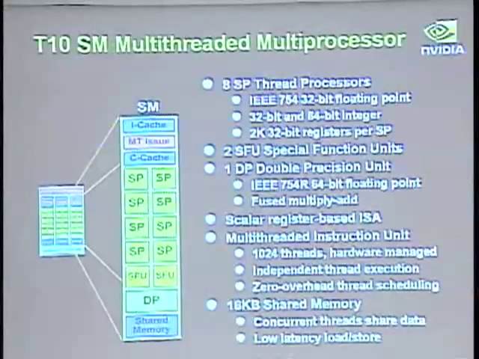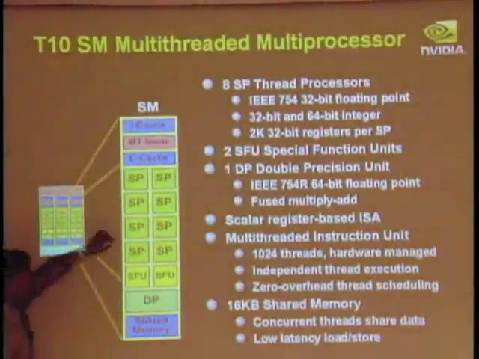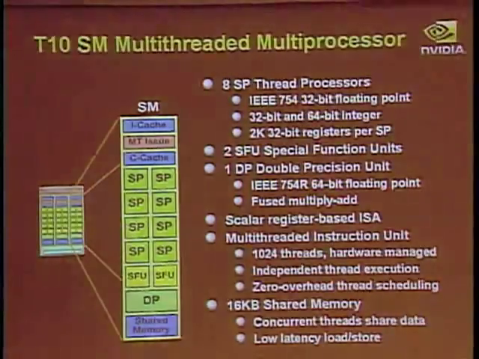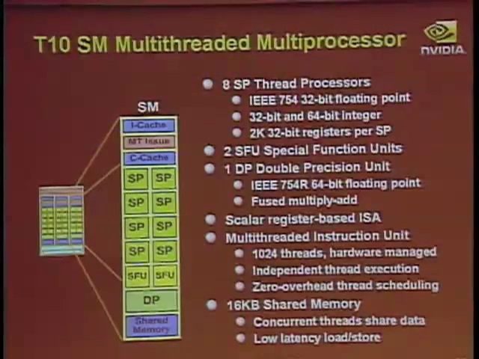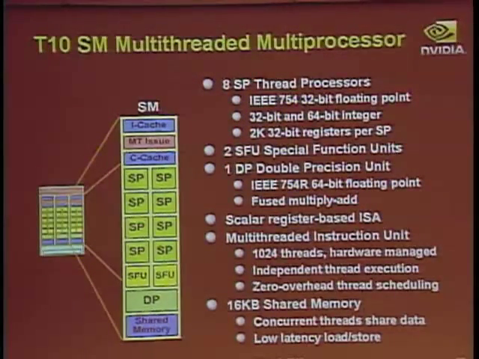Okay, you asked earlier about the register file. So you can see here, each of these SPs has 2,000 registers. Okay, so that's a big number, right? So that means there's 16,000 registers in an SM. That's implemented as a multi-bank RAM, basically a big SRAM. And because we're executing the same instruction on a warp of 32 threads, and because register numbers are fixed in the instruction, right?